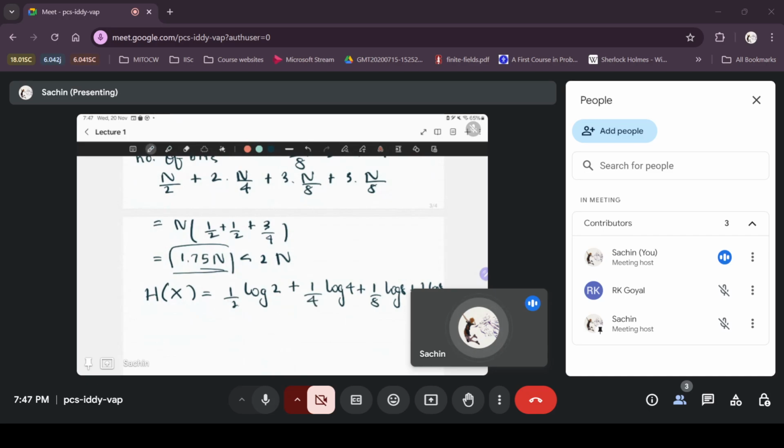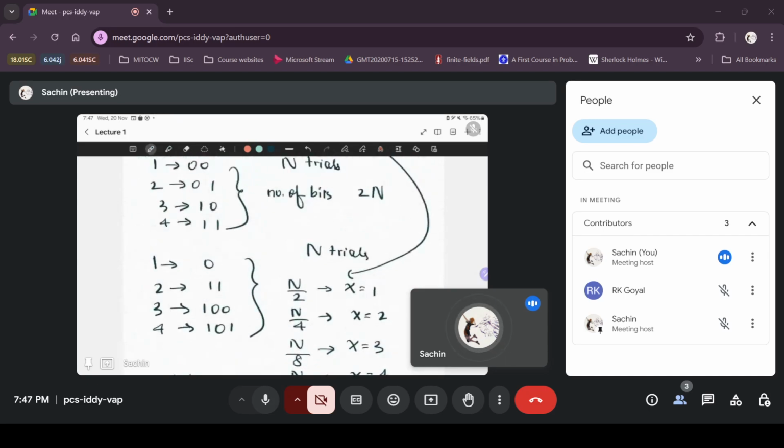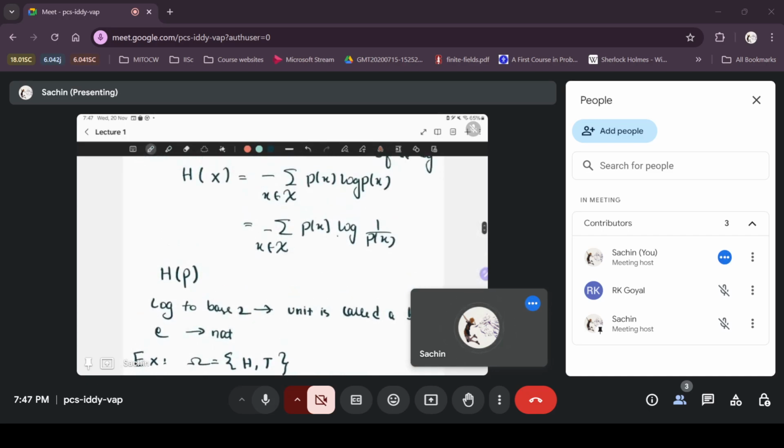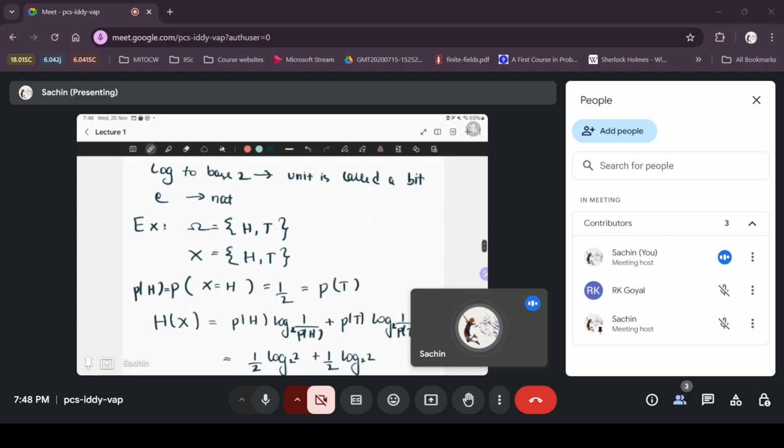Also note that if you're using p of x log 1 over p of x, then there's no minus sign, because log of a is minus log 1 over a. So here the minus sign, I have taken it inside and changed the log. So if you do p log 1 over p, then you don't need the minus sign. If you're doing p log p, then you need the minus sign.